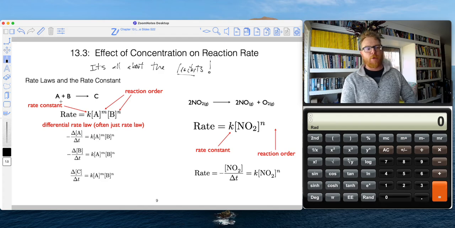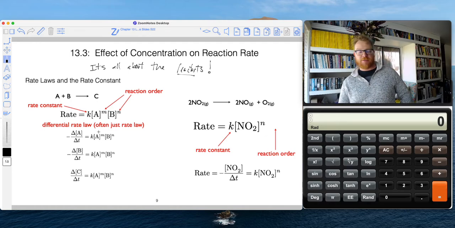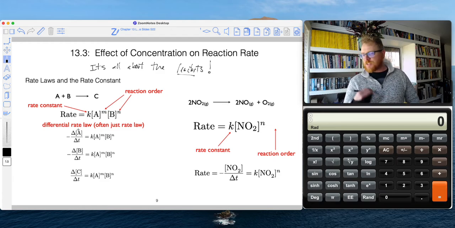So for example, suppose we have this generic reaction: A plus B goes to C. This is how we start to write a rate law. And yes, you have to be able to come up with rate laws in this class. A first simple way is to say rate equals, and it's always going to be rate equals k, the rate constant, times the concentration of reactants.